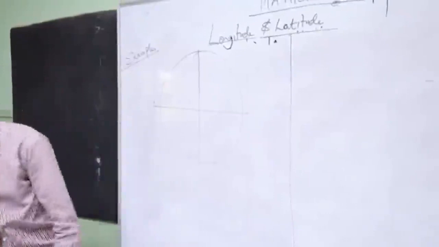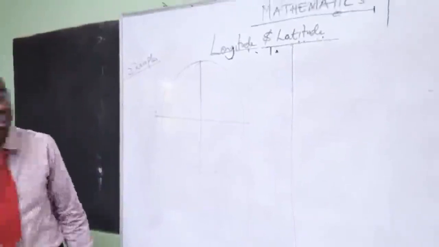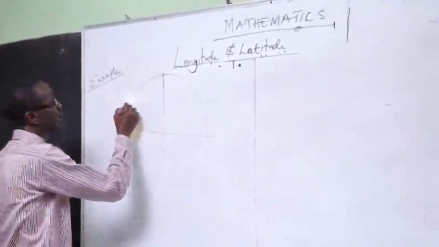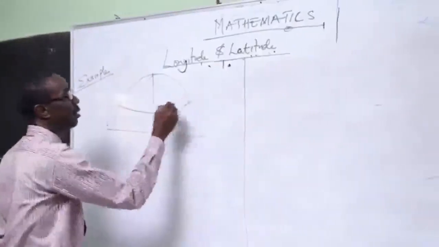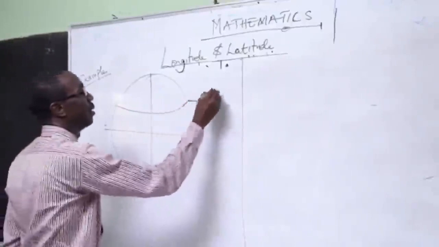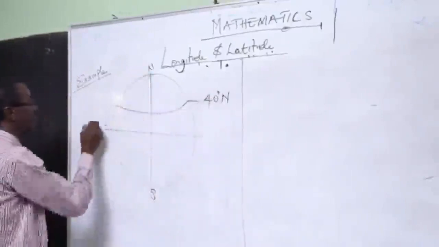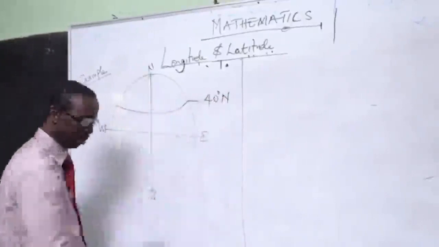From the question, they said P is 40 degrees north. I want to locate my 40 degrees north. That's a latitude. This is my north, my south, and this is my west, this is my east.